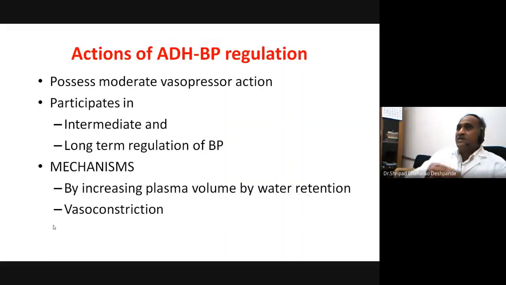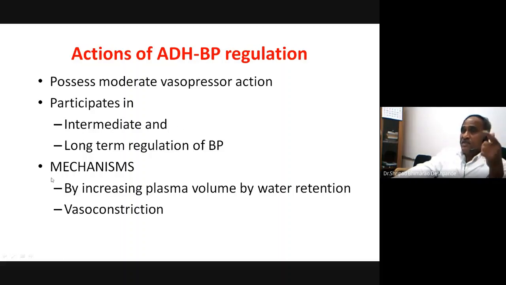Okay, now about BP regulation. The ADH in BP regulation possesses moderate vasopressor action, not much, but moderate. And it participates in the intermediate and long-term regulation of blood pressure. Short-term regulation of blood pressure includes the baroreceptors, chemoreceptors, and the ischemic response.